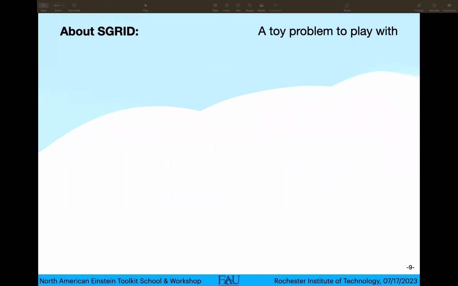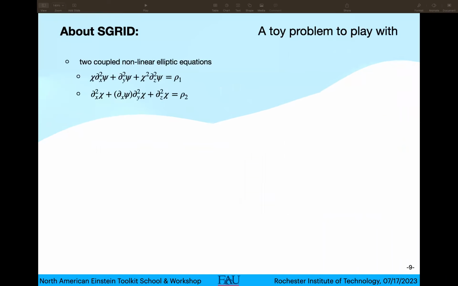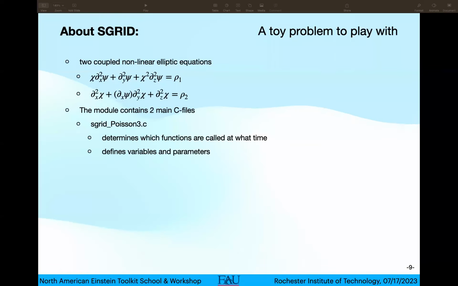So now over here, I have a toy model of sgrid, and we can basically assume we have some problem to solve. There are non-linear elliptic equations to solve. I'm not going to talk about the physics of these equations because actually I have no idea what kind of physics they describe, but it is possible to implement them and to just track step by step what exactly is going on in sgrid to solve this kind of problem. So to do this, we need to determine when and which kind of functions should be called and when exactly.